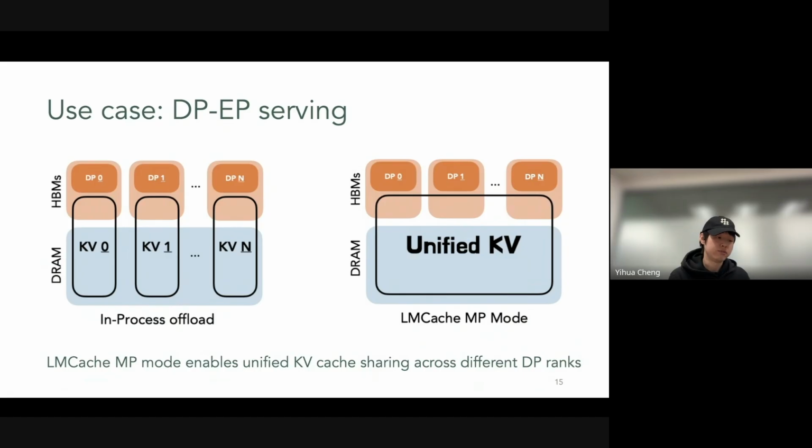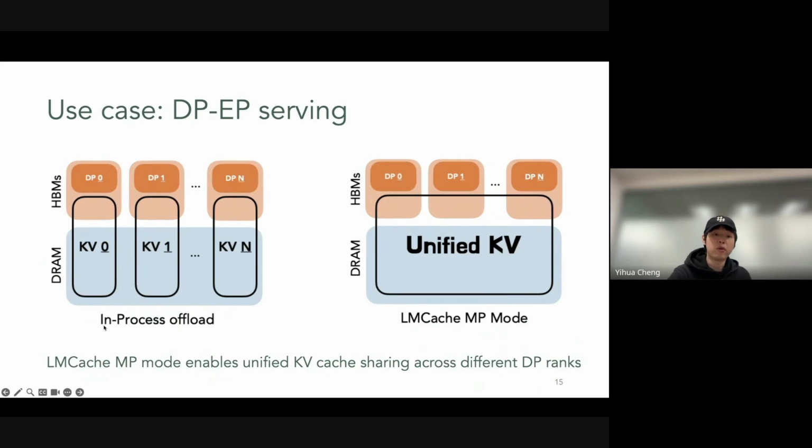A very important new serving technique is data parallel, or DP serving, which can significantly boost the MoE models' throughput. The key characteristic is that when we are doing data parallel, each data parallel rank is an independent serving engine instance.